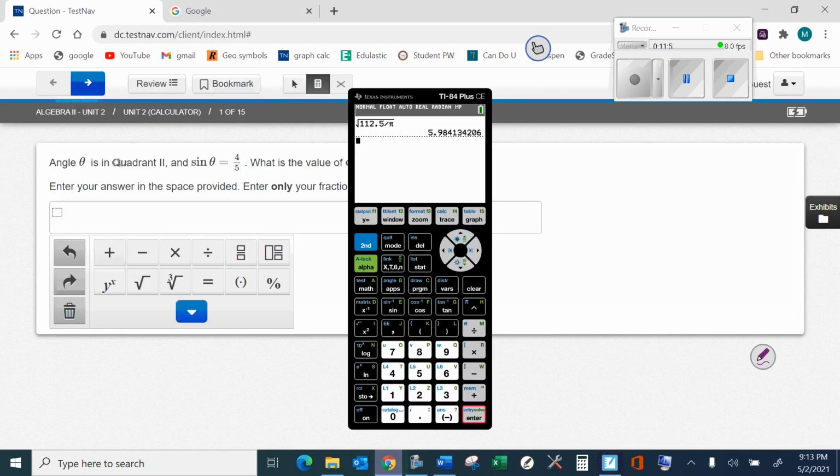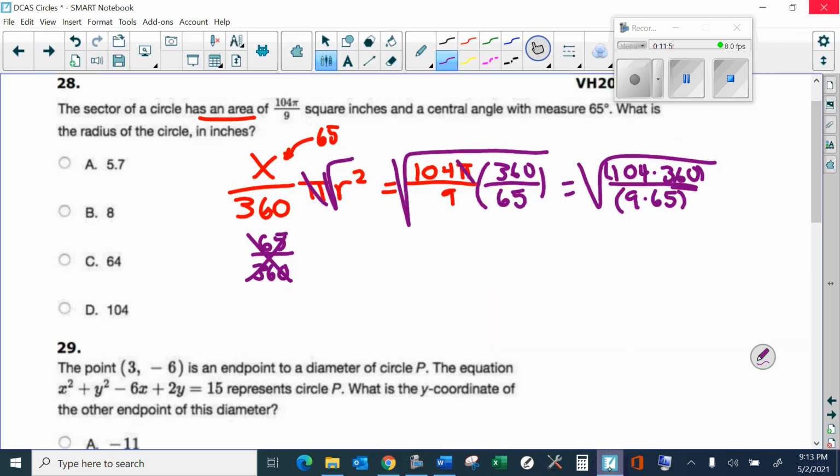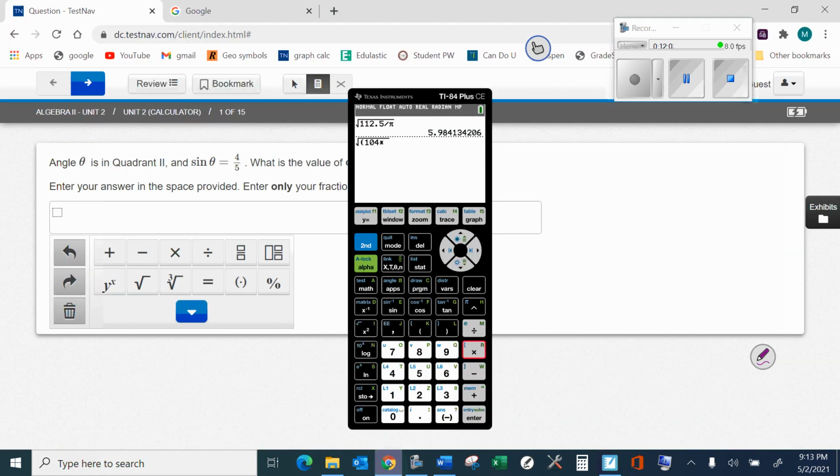Okay, so we have the square root in parentheses 104 times, what was it again? 360, divided by parentheses 9 times 65, parentheses. Go outside of that: 8.